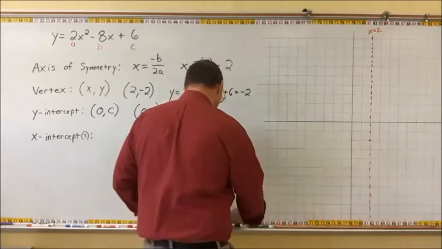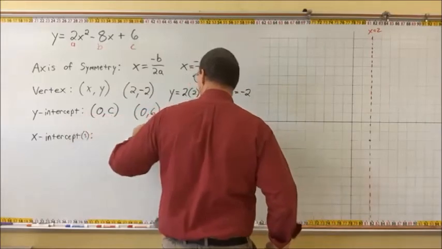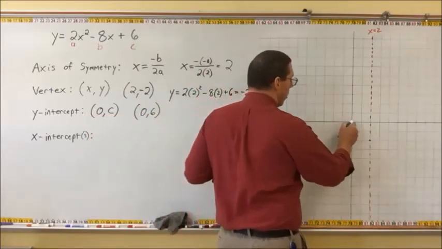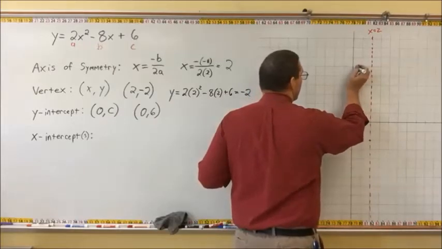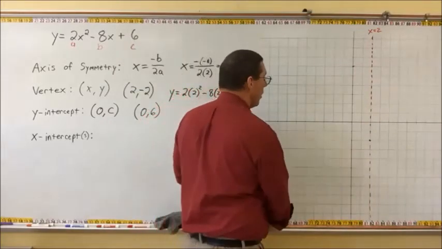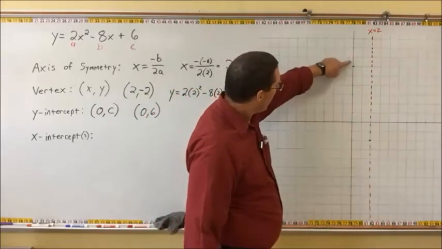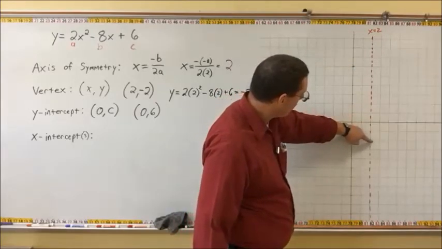The y-intercept is at 0, 6. Here's 0, and then 1, 2, 3, 4, 5, 6, right there. There is the y-intercept. So this parabola is going to pass through this y-intercept and then go down and go through this vertex.